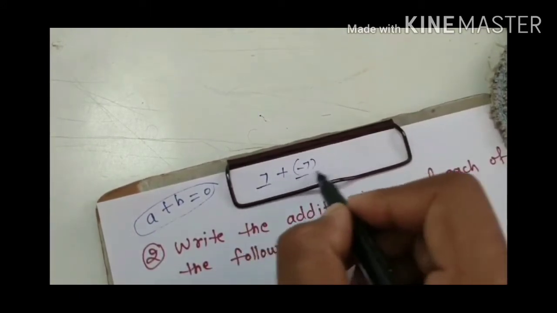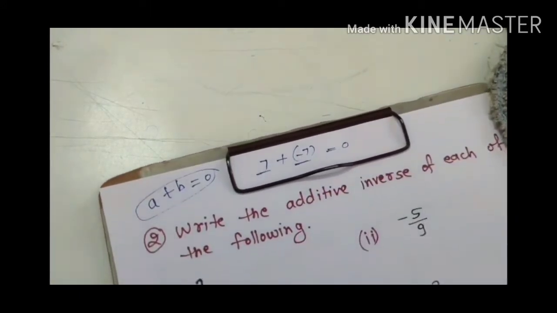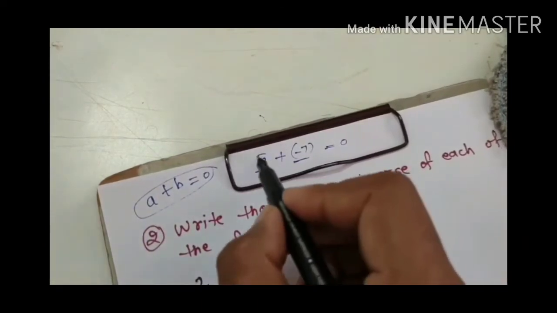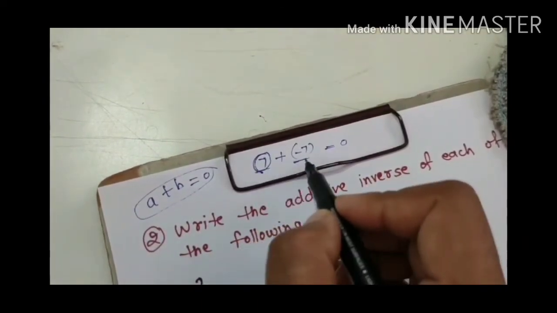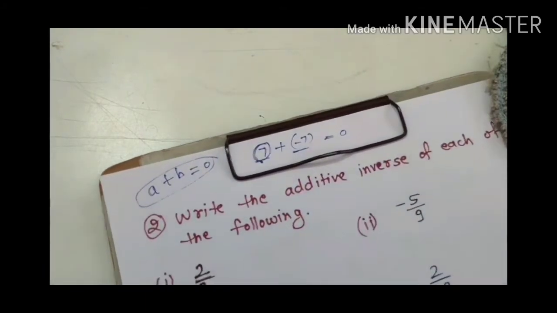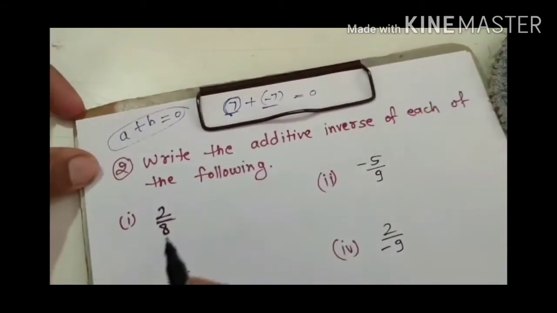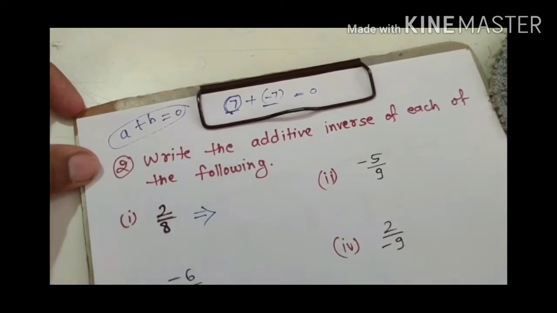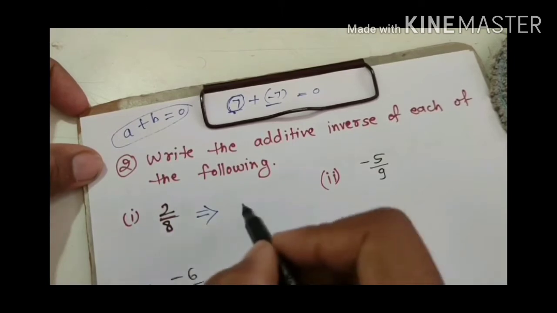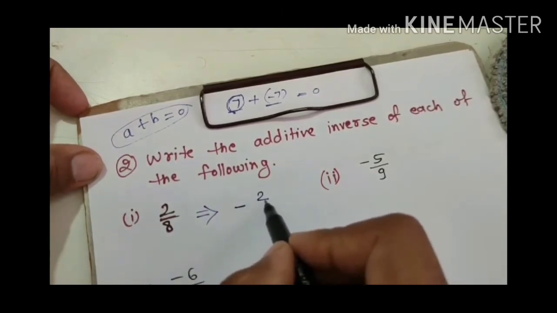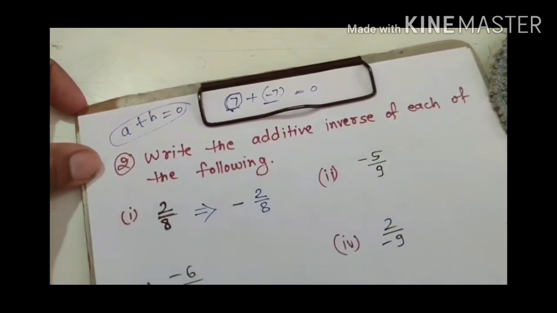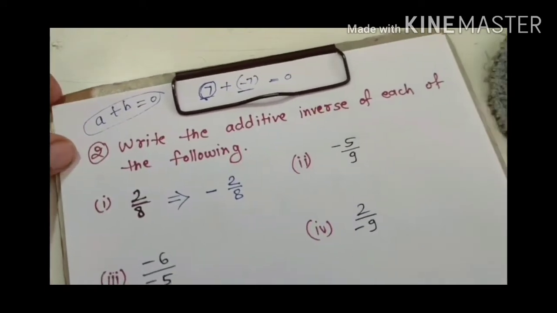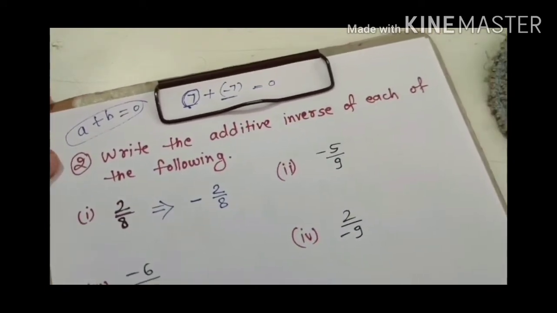See here I wrote 7 and I am going to add minus 7. 7 minus 7 equals 0. So for any number, if you write the minus sign with that number, the sum will be 0. So you just have to change the sign, that's it. Now minus 22 by 8 is the additive inverse of 2 by 8.